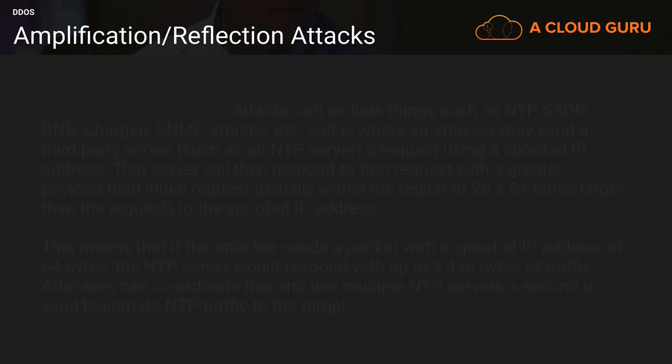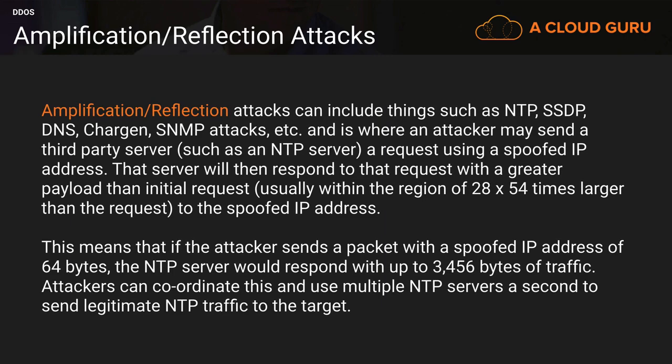We've got amplification and reflection attacks, and this is things like NTP, SSDP, DNS or SNMP attacks. It's where an attacker sends a third-party server, such as an NTP server, a request using a spoofed IP address, and that server then responds to that request with a greater payload than the initial request. Usually we're talking in the region of 28 to 54 times larger than the request of the spoofed address.